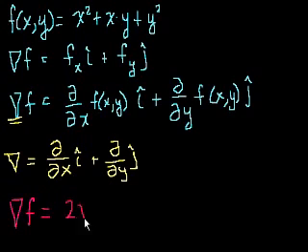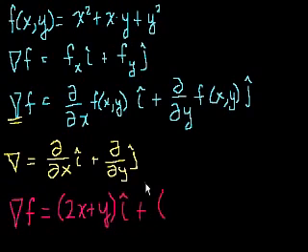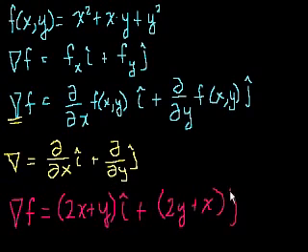So it's 2x plus y. That's the partial of this function with respect to x. And we multiply that in the i direction, or in the x direction, plus the partial with respect to y, and this is 2y plus x, and we calculated this in the 2 videos on the partial derivatives, and we multiply that in the j direction.